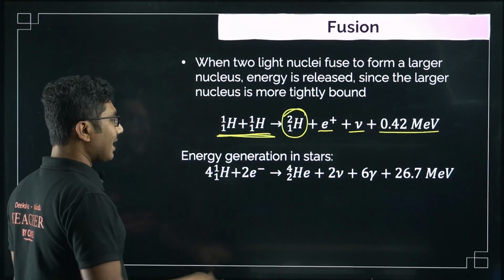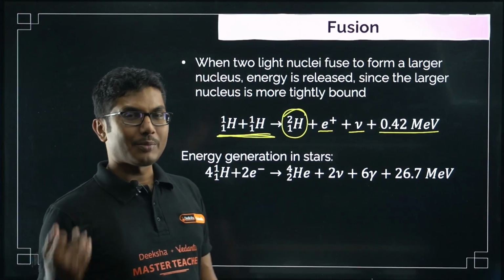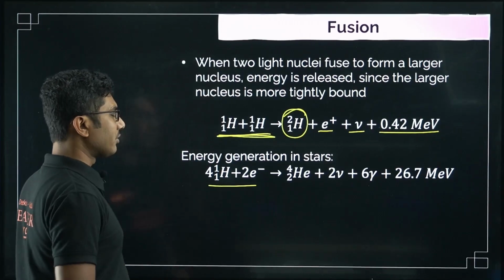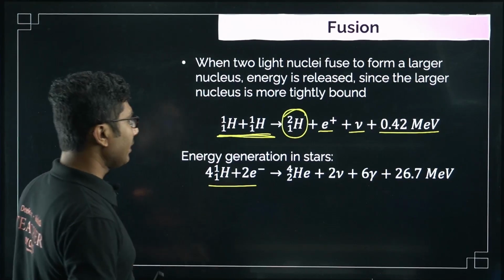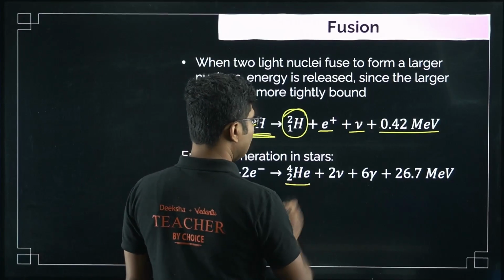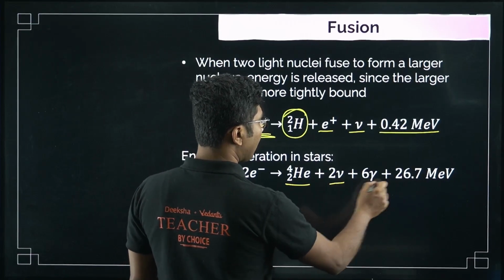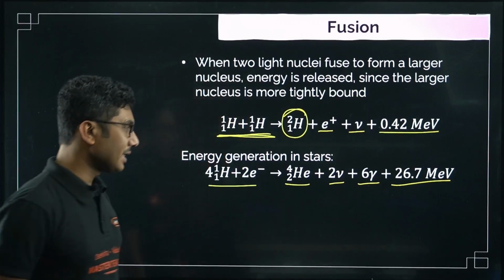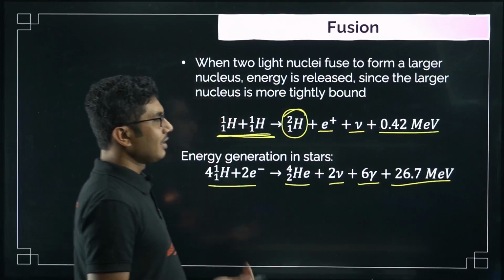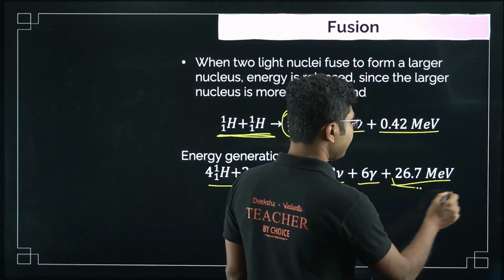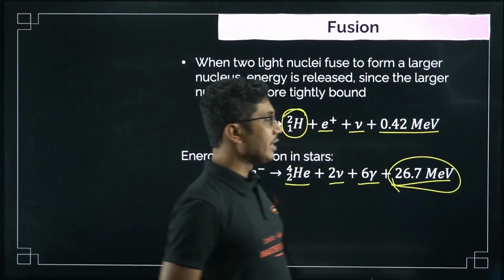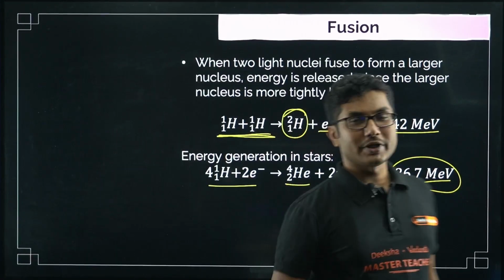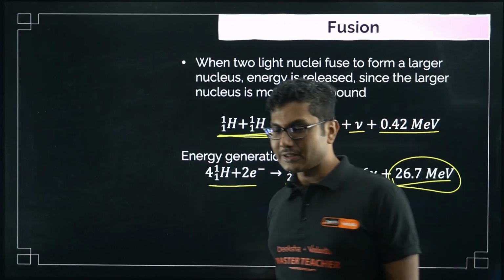Now in the stars, they use a similar process to produce energy. For example, 4 hydrogen and 2 electrons fuse together to form helium, neutrino, gamma radiation and some heat. A gamma particle, neutrino and a huge amount of heat are produced, 26.7 MeV, and this gives rise to more fusion. More fusion means more energy generation.